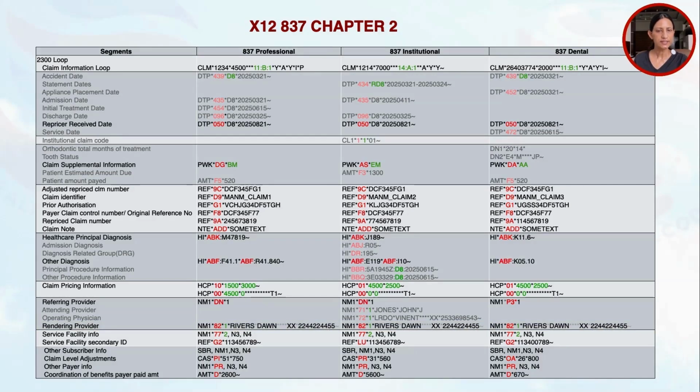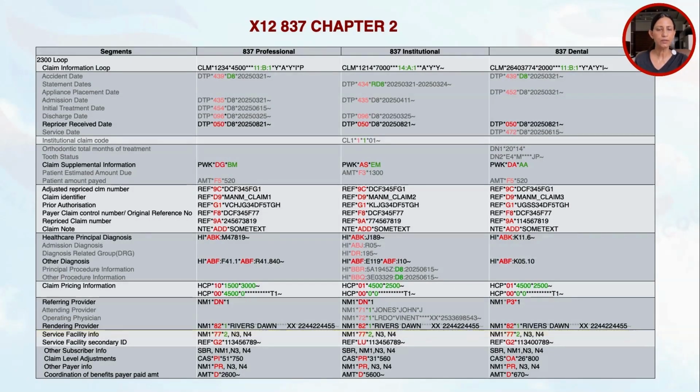Then the service facility is the place where service is rendered. The identifier code for service facility is always 77. That goes in NM101. NM102 is equal to 2 in this case because obviously a service facility is not a person. It's a non-person entity. It's a facility.